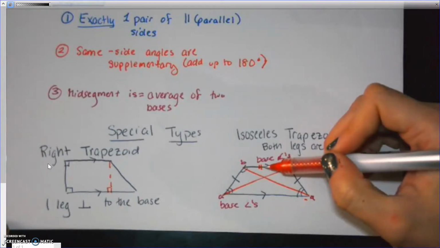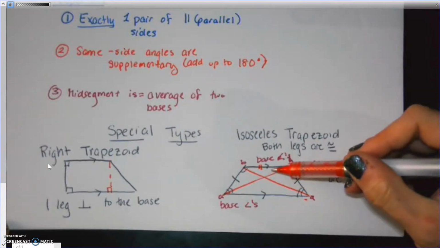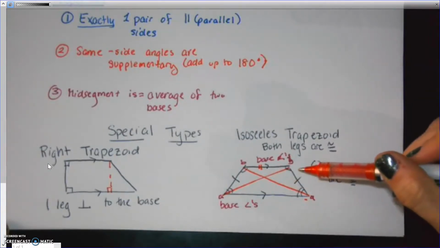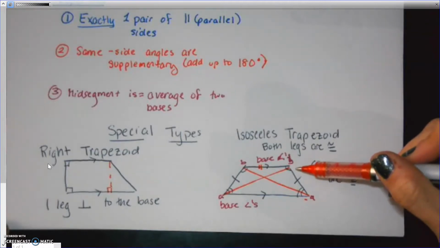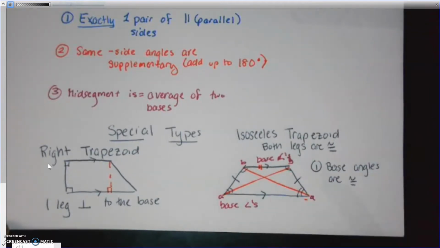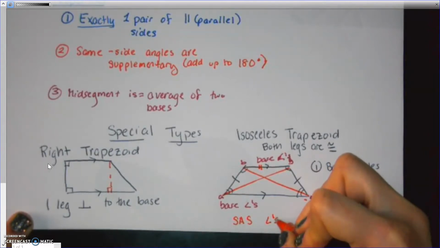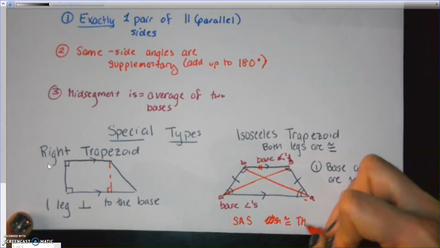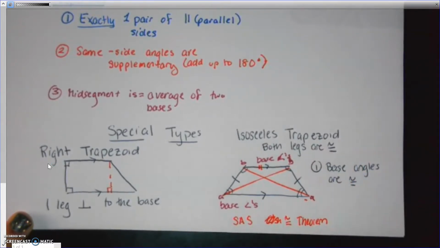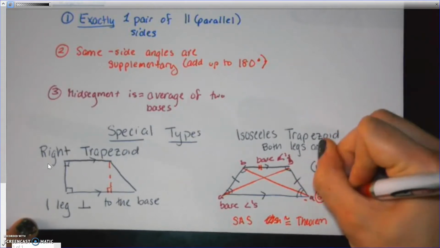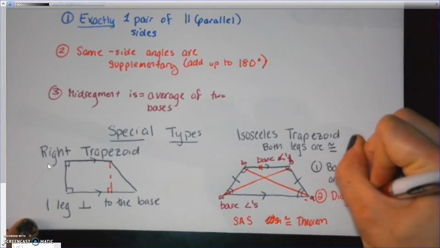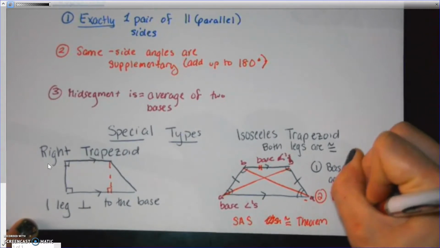It's got that top base, which by the reflexive property is congruent to itself, and it also has an angle with angle B. Well, those two triangles are congruent to each other by side angle side. So we just used our side angle side congruence theorem. So we actually can prove then that this last side of the triangle must be congruent to each other. So we know that our diagonals are congruent.